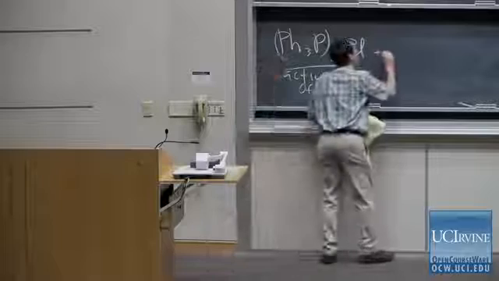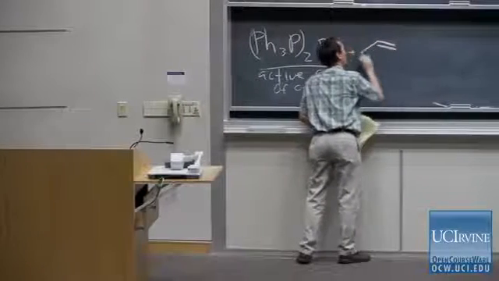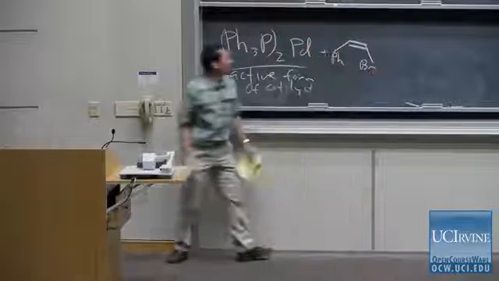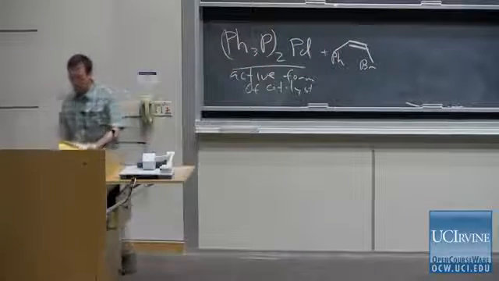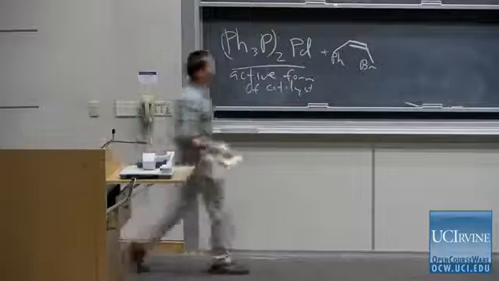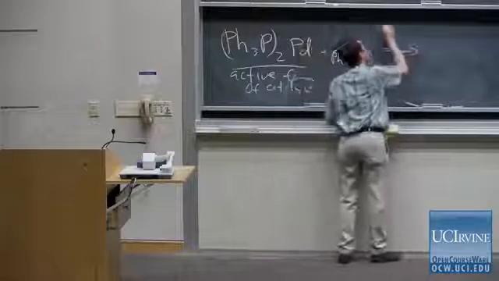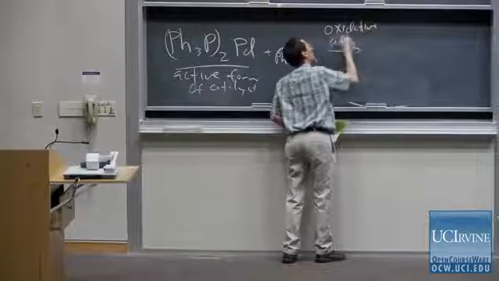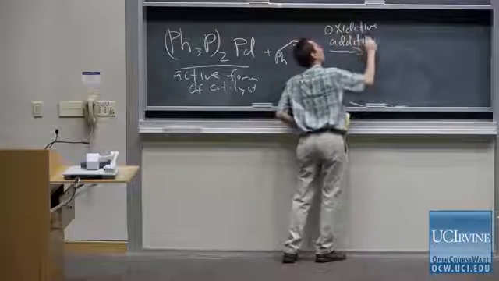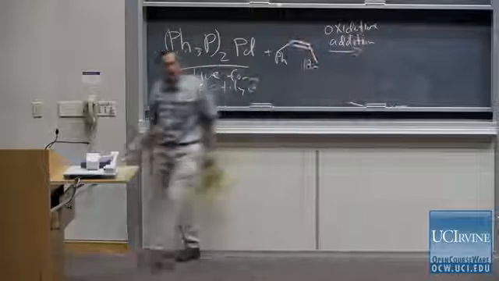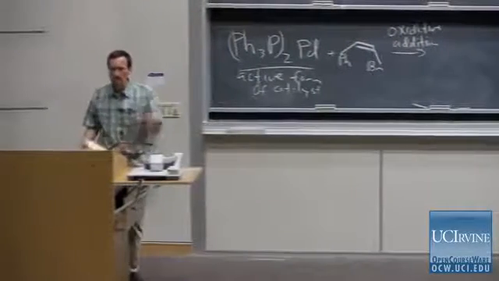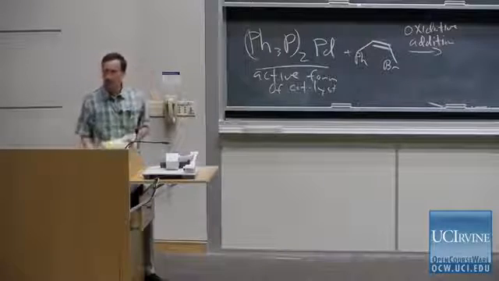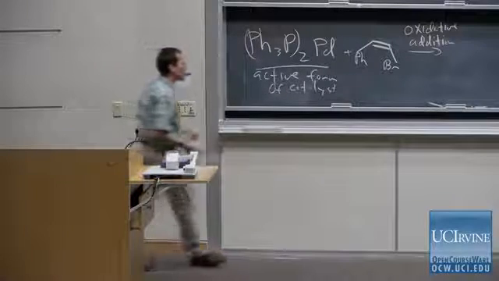All right. So this active form of the catalyst can react with the alkenyl halide. So there's our bromostyrene. And as I said, the reaction's called oxidative addition. In an oxidative addition reaction, a metal sticks itself into a bond and increases its oxidation state by 2.